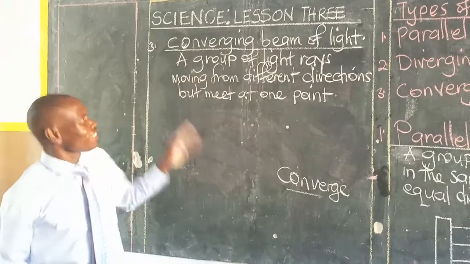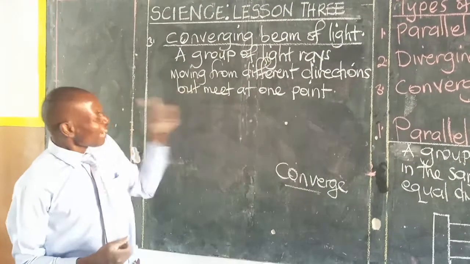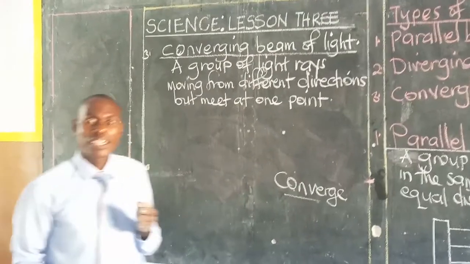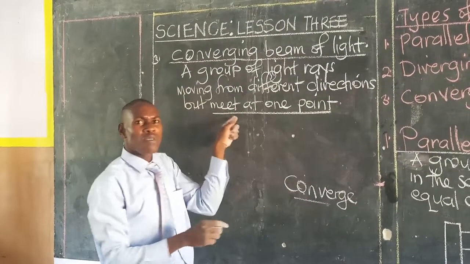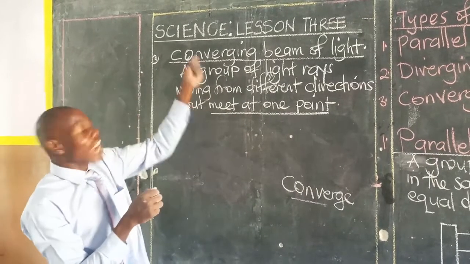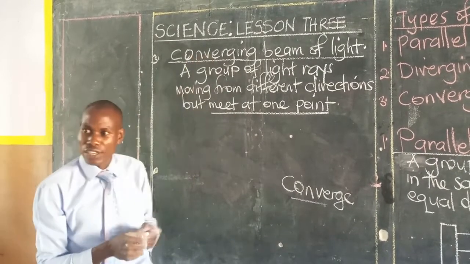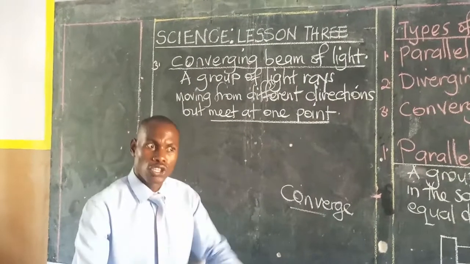A group of light rays moving from different directions, but these light rays meet at one point. So because of this meeting at one point, that is why we call that beam of light a converging beam of light. To converge means to meet. Converge means to meet.